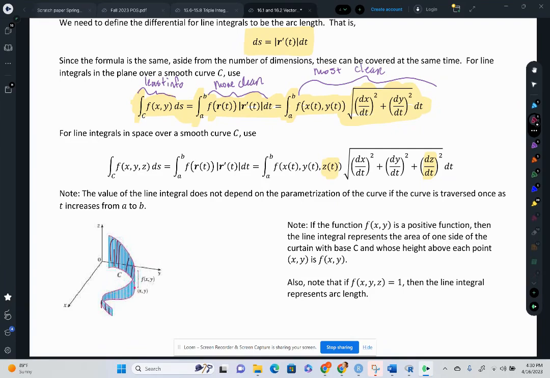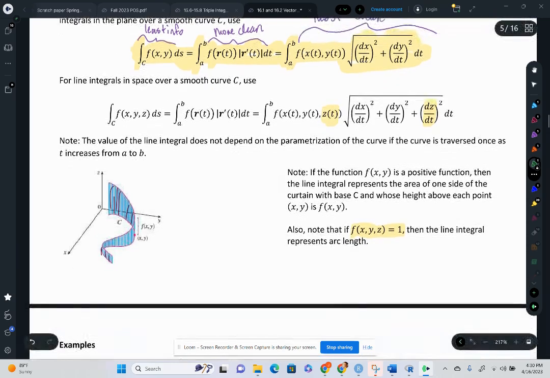The other thing to make note of is that if f of x, y, z is just 1, then our line integral over C of f of x, y, z ds would just equal the integral from a to b of 1 times the square root of x prime of t squared plus y prime of t squared dt, which would just equal arc length.